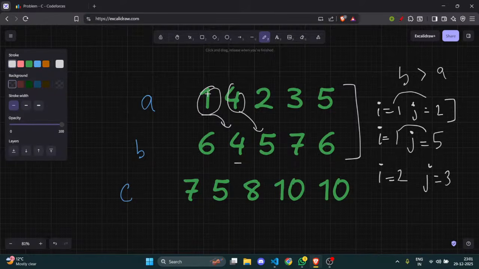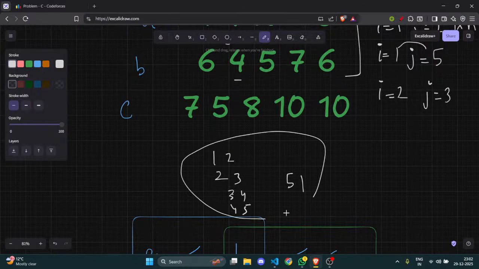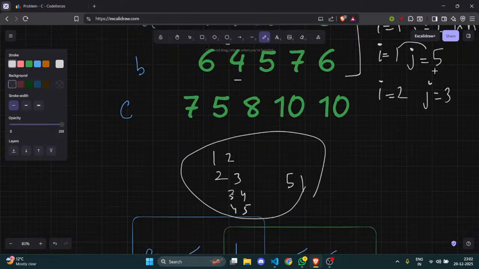So if I get a pair ij, it is not a single pair, it is actually n pairs. So these are n pairs. How are they n pairs? I can write like this: 1 2, 2 3, 3 4, 4 5, and 5 1. These are five pairs I can get. So these are not exactly one pairing, these are exactly five pairings.